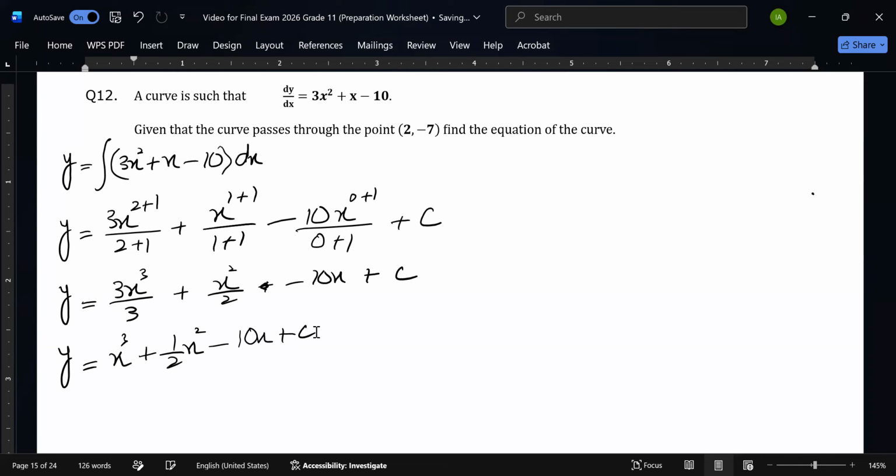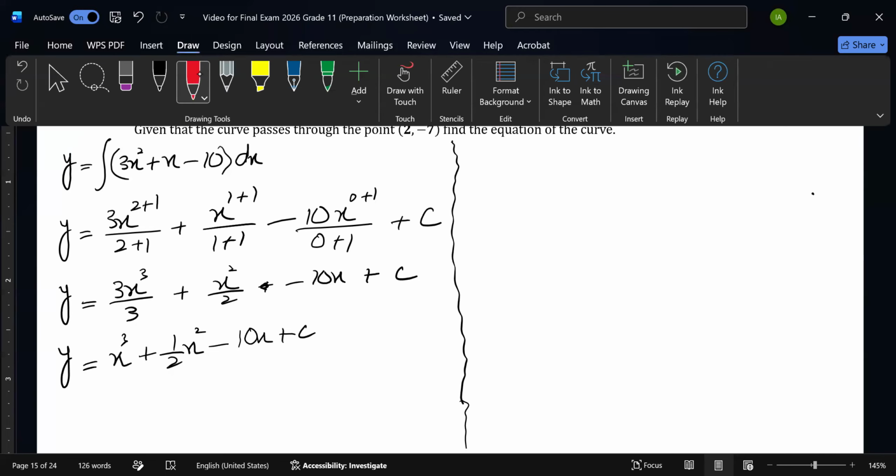But the important thing is, yes, find the value of the constant c. Now, how do I get the constant c? Very simple. Substitute the value of x and y in the equation that you just acquired here. So the value of y is minus 7 and x is 2.